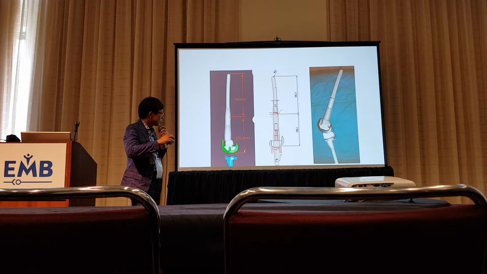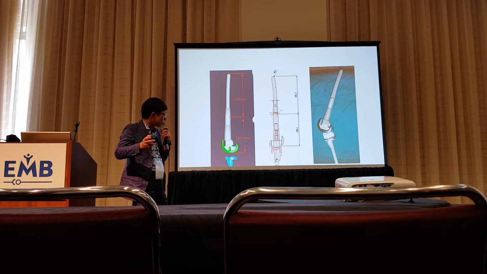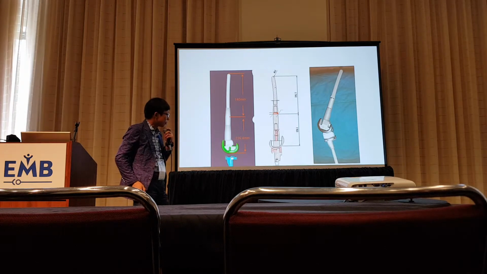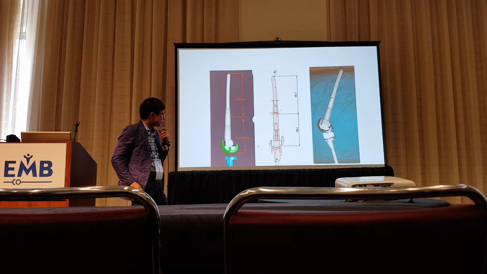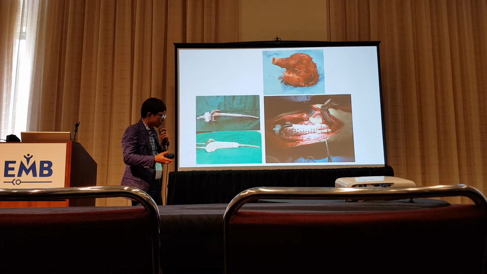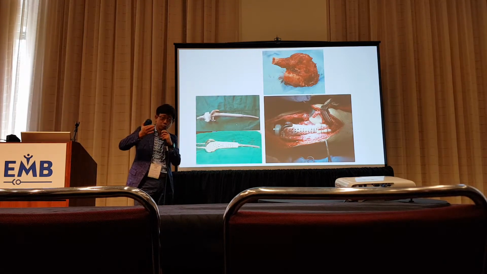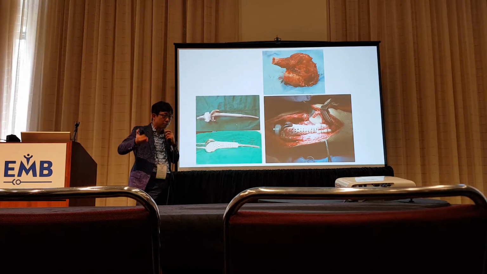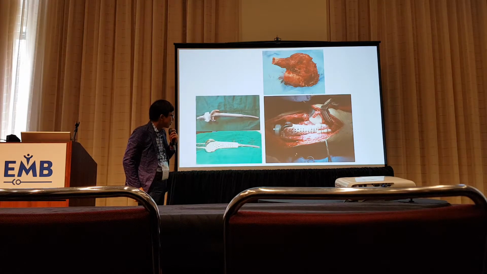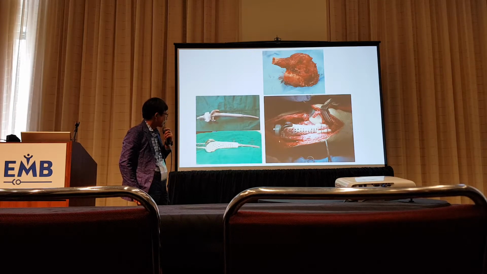And I'm sponsored by the government to produce this 3D printing based implant. Then we can put this implant into the human bone. This is the synthetic material, and this is another human's bone. This is going to be 3D printing material made from the patient-specific data.